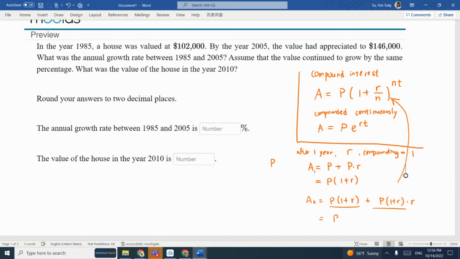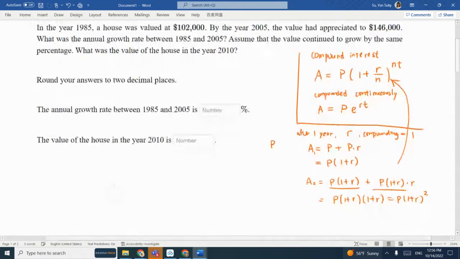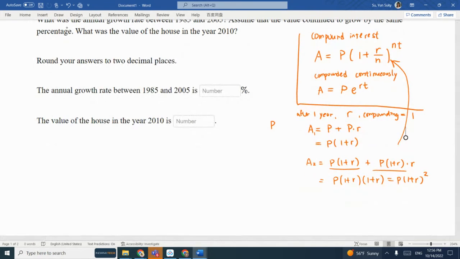So that's why we can factor out P times (1 plus r). Then you have 1 plus r again. You factor out this, then you get 1 here, and you get plus r here. Therefore, you have P times (1 plus r) squared. This is after the first year, and this is the second year. Keep going.